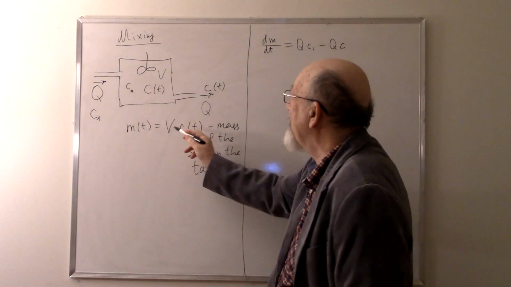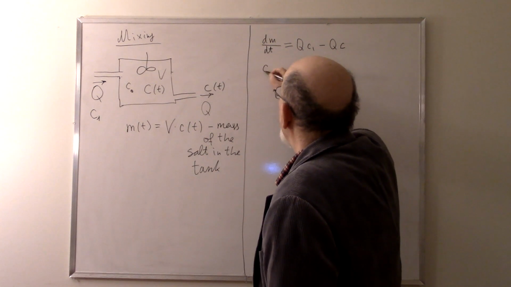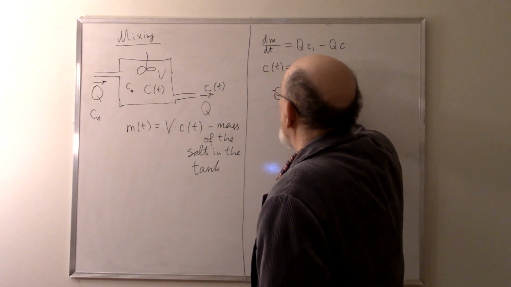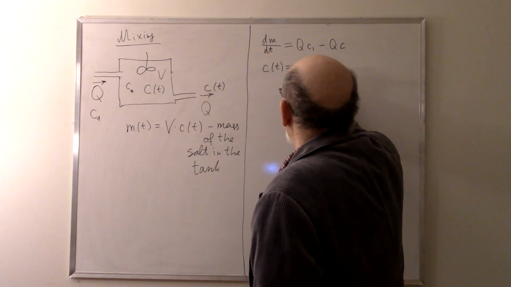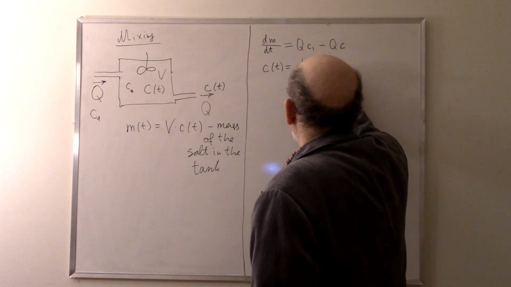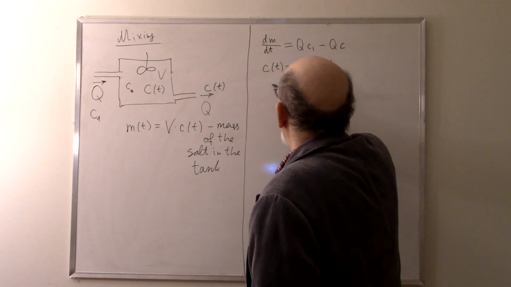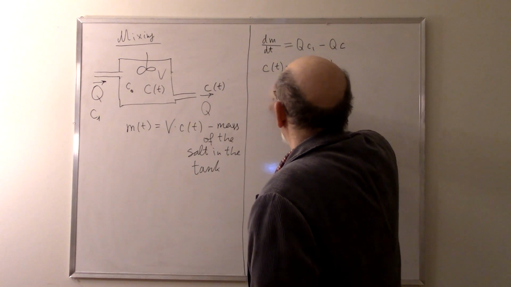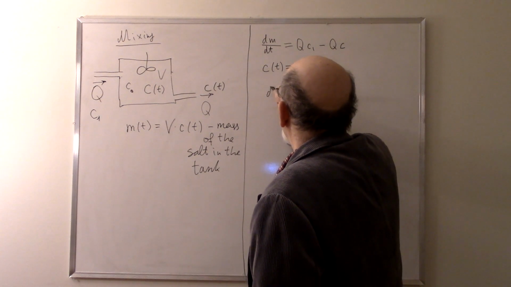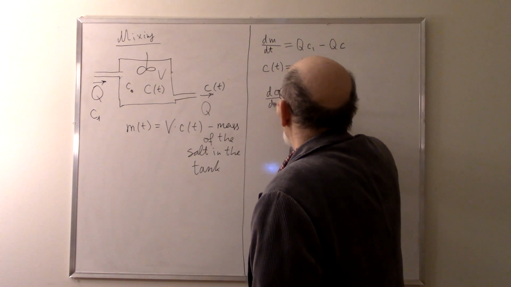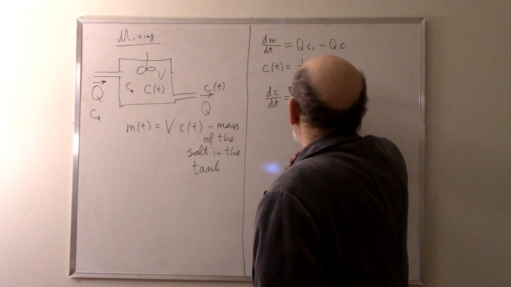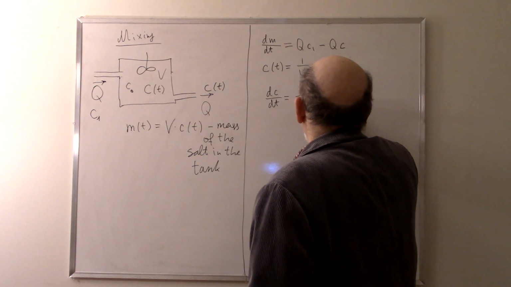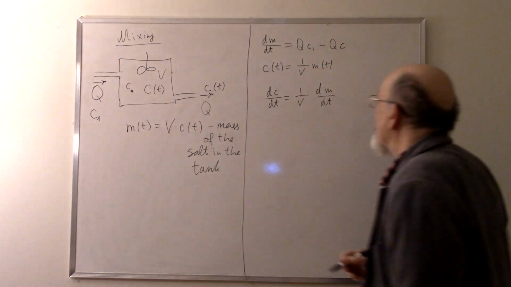And now what is m? m is V times C. So C of t equals 1 over V m of t. So we have dC/dt equals 1 over V dm/dt, yes?